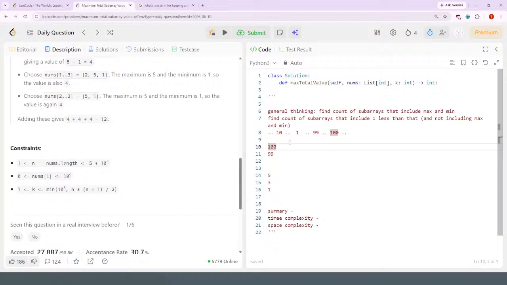And then like 1 would need to extend out to include the 100 in order for them to have any working subarrays that are low 1, high 100. Because here 1 extends as the low if you keep on extending the subarray further to the right, all the way to the end.